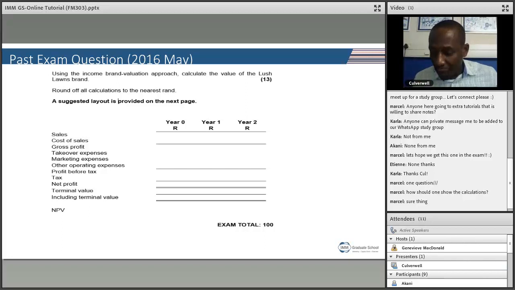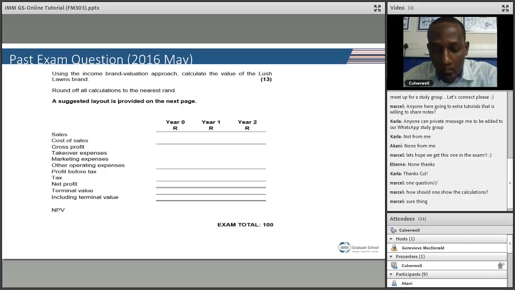I'll leave it out completely because terminal value will only affect the very last year. So I can just put a dash on my terminal value for those years, and my interest is in the calculation of terminal value in the last year of my projection, which is year 2.